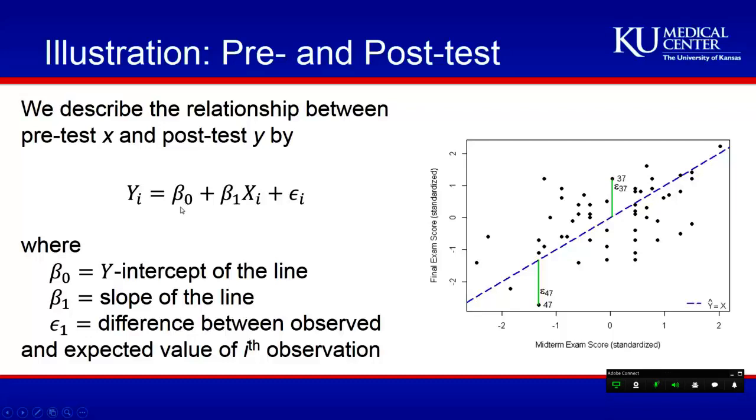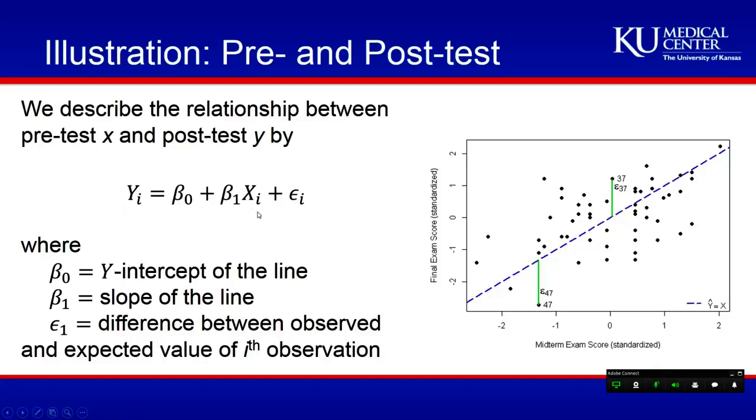The intercept is actually where the line crosses the y-axis at x equals 0. So it's a value, for instance, a value of the outcome when x is equal to 0. Beta 1 represents the slope. So this parameter describes how y changes as a function of x.